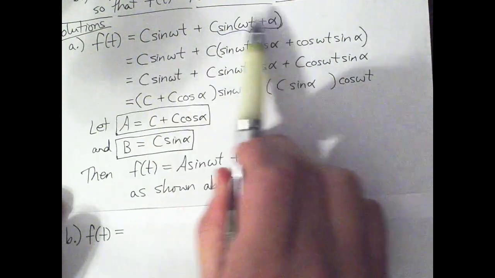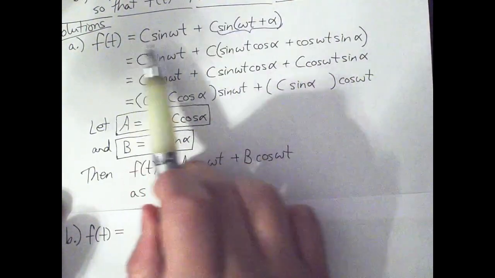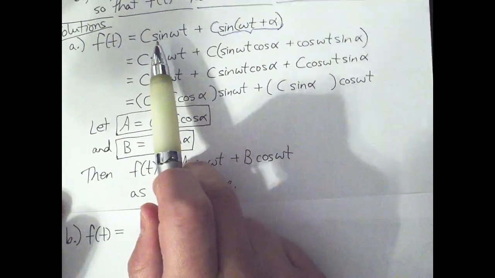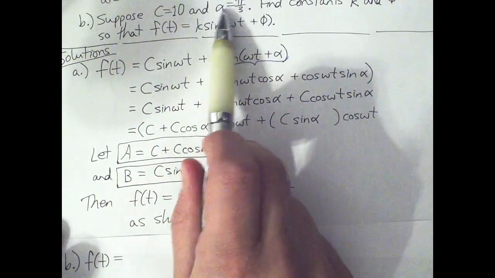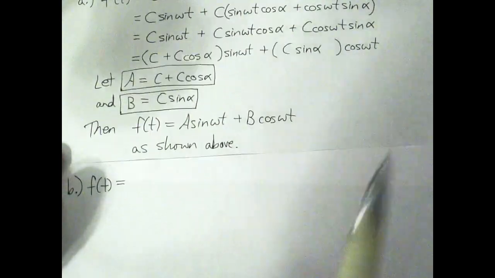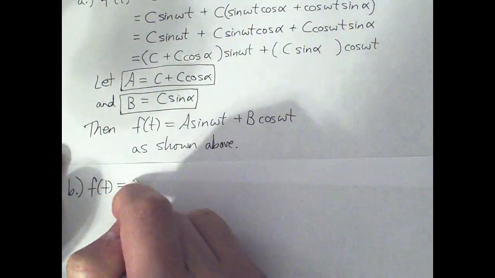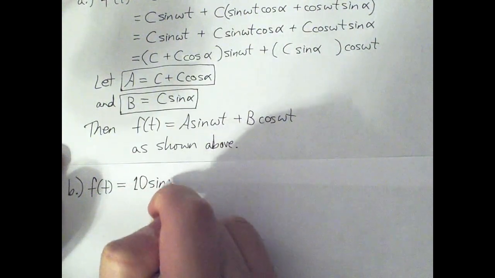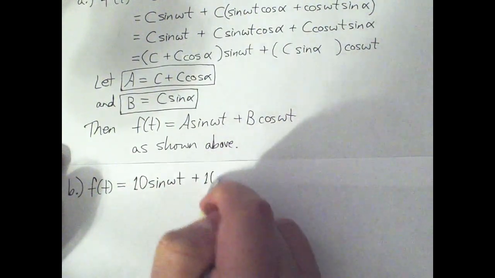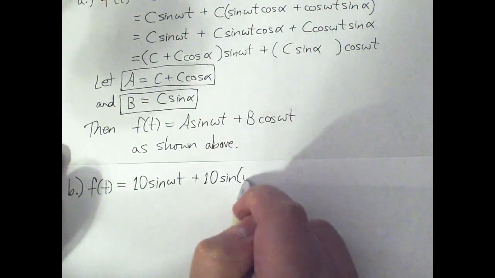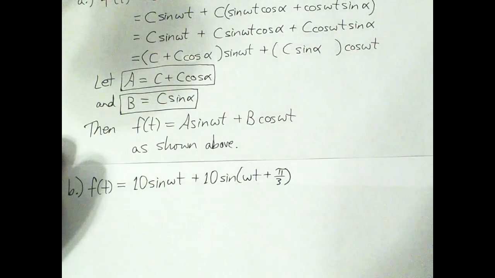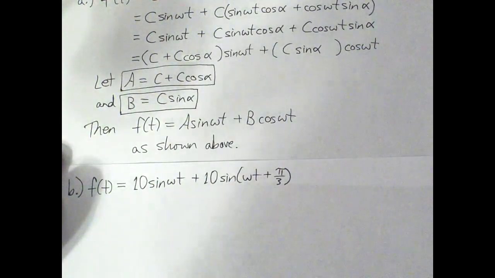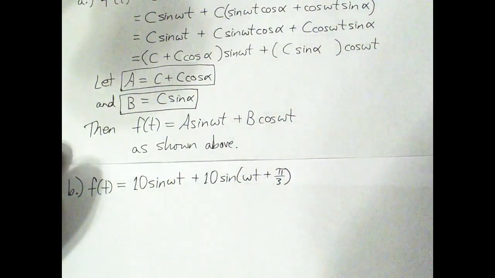I'm going to use the original form, the first line here, and I'm going to put in what the problem gave us for c, which is 10, and alpha, which is pi over 3. So that's going to look like 10 sine omega t plus 10 sine of omega t plus pi over 3. So that's the original form of the function that was given, and I put in c equals 10 and alpha equals pi over 3.